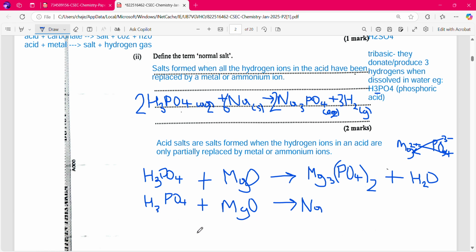Because 3 minus 1 gives 2, so it would be 2 hydrogens left back. And then our P, oh my bad, I forgot it was magnesium. Let me do an eraser.